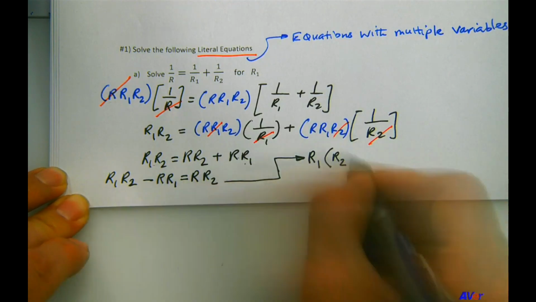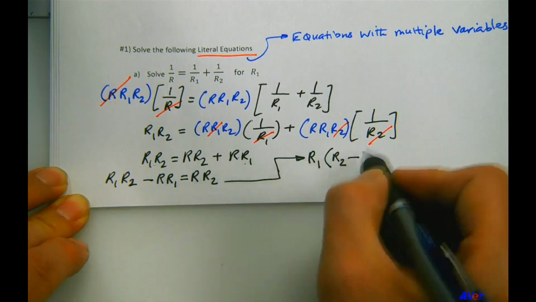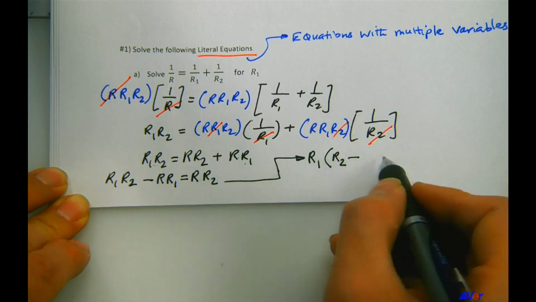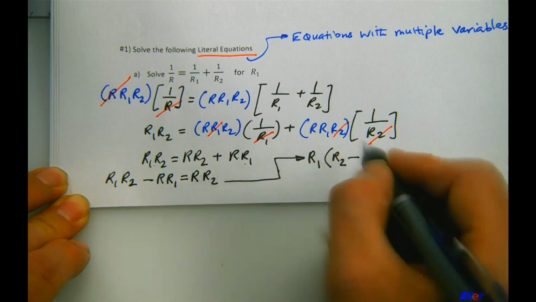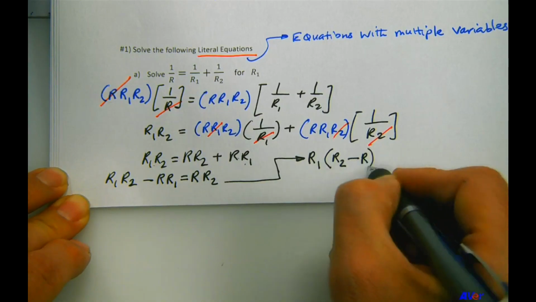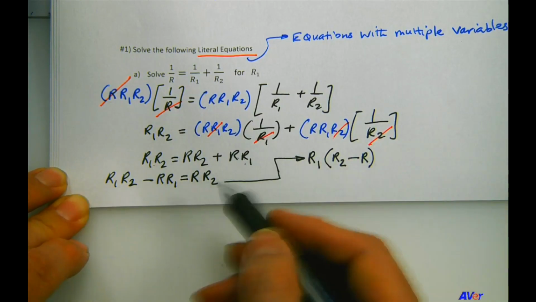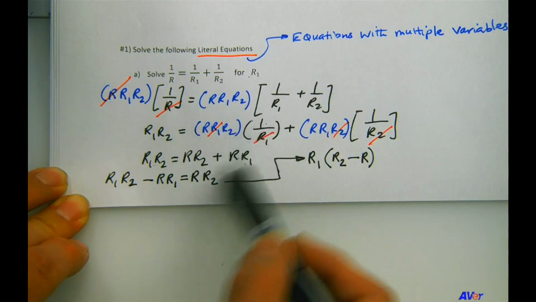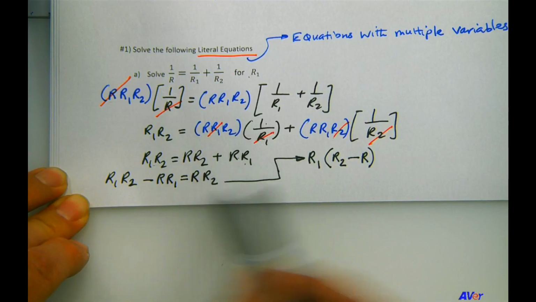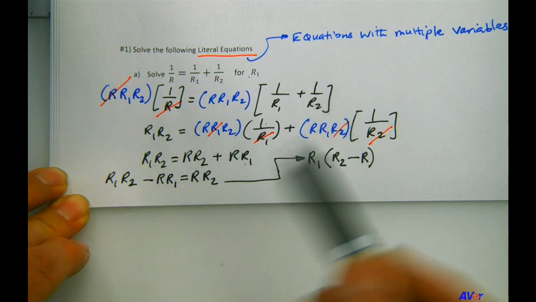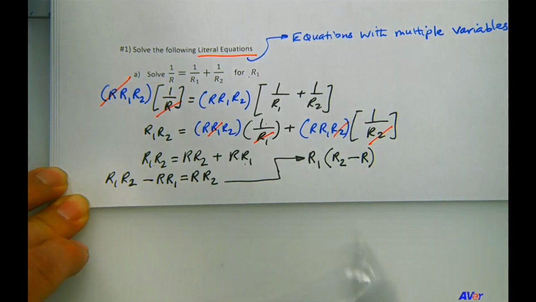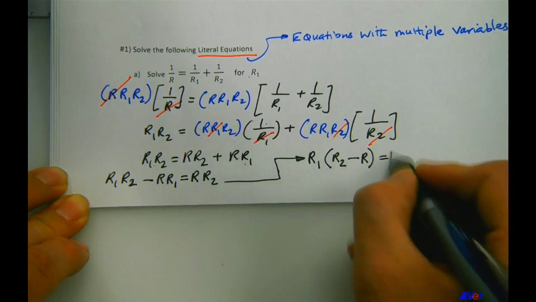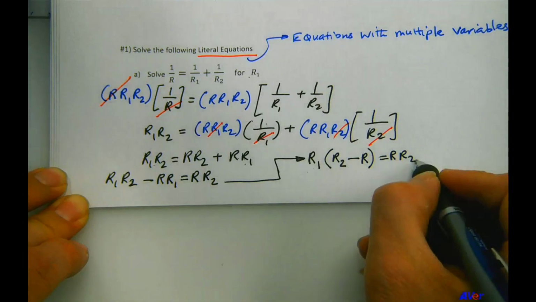So minus, what should we place here such that if we multiply r1 by it, we get r1? Well, r, right? So we factored r1 out. Remember, we're solving for r1, so everything we do, we should isolate r1 further and further until the last step. So that is equal to r r2.